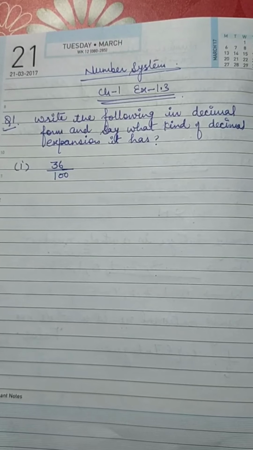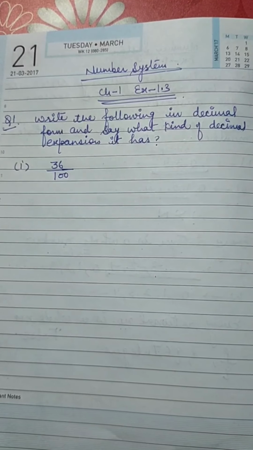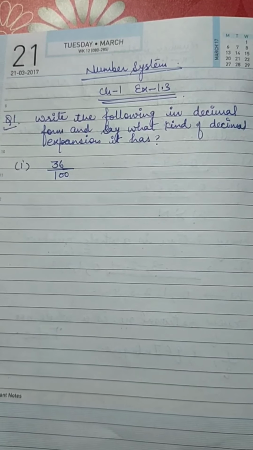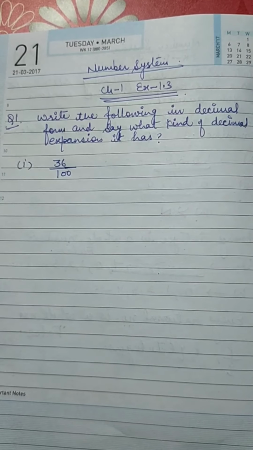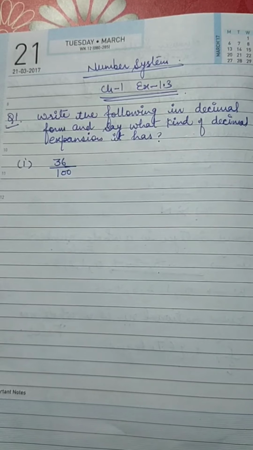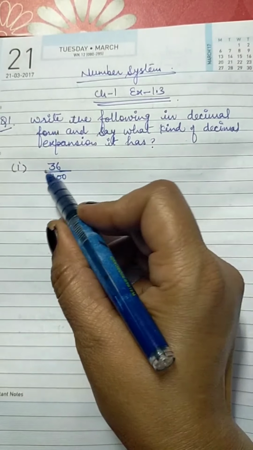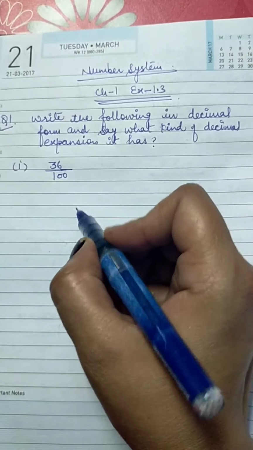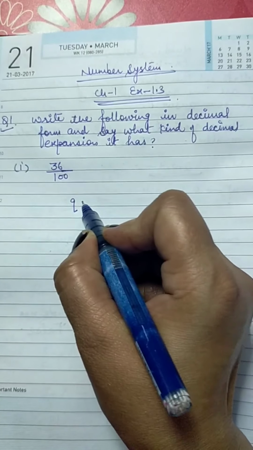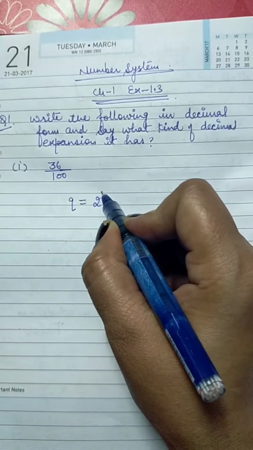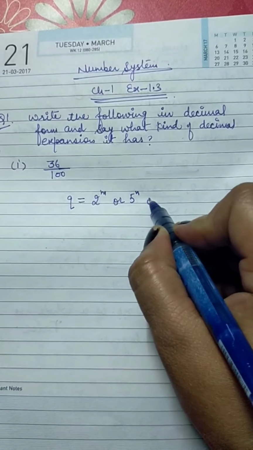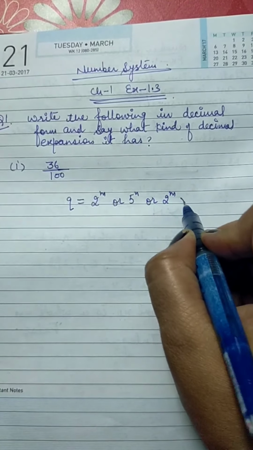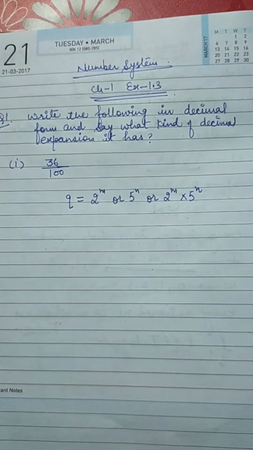In terminating decimal expansions, the denominator completely divides the numerator. Here the denominator, that is q, is usually found in the form of 2 raised to power m or 5 raised to power n or 2 raised to power m into 5 raised to power n.